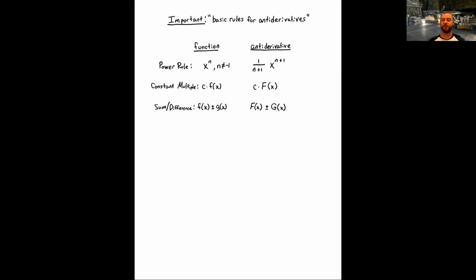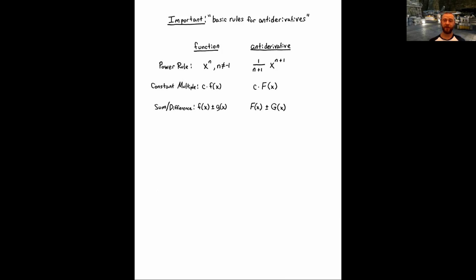Basically, it's just what we used when we have constants multiplying functions, and if we add or subtract several different functions together, we have already incorporated those rules in finding derivatives without even usually mentioning it. From the way those differentiation rules work, we now get a constant multiple rule and a sum and difference rule for antiderivatives. It basically says the same thing.